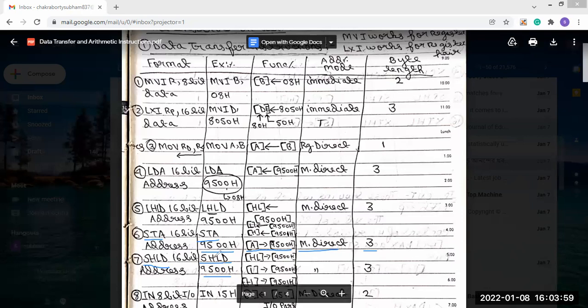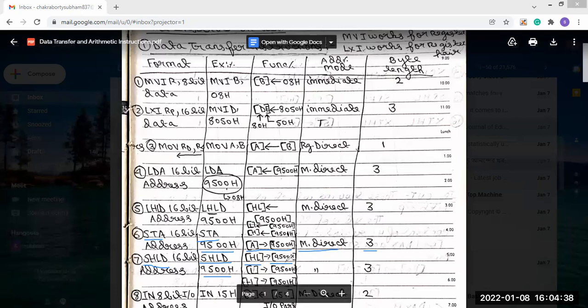So the content that is present in the HL register pair will be stored into the 9500H memory location.